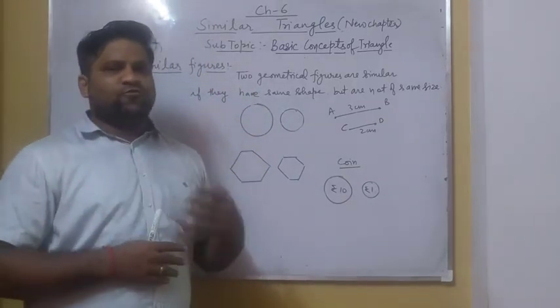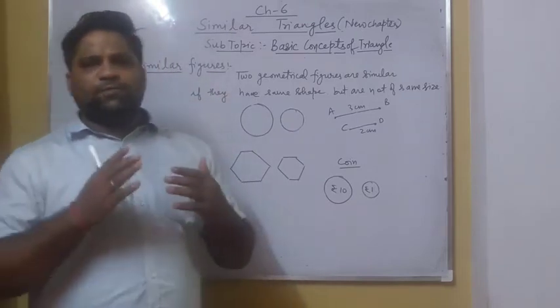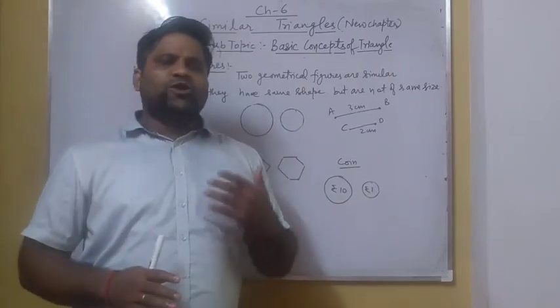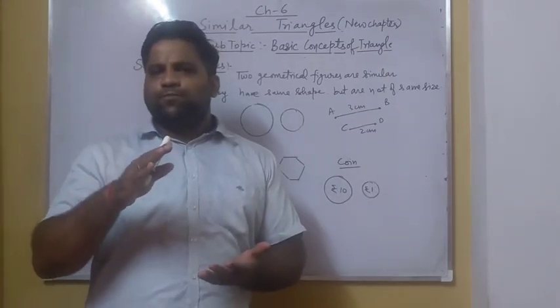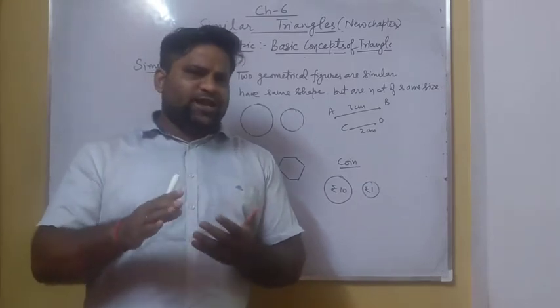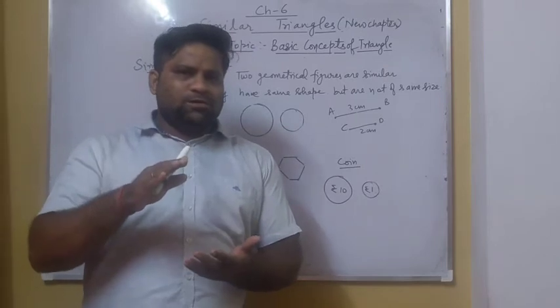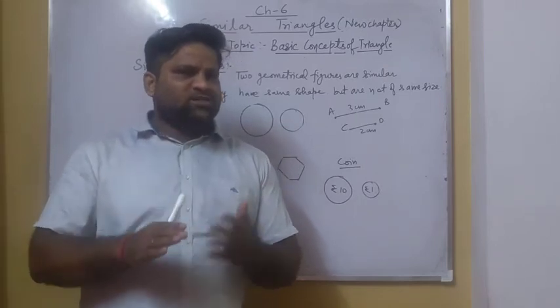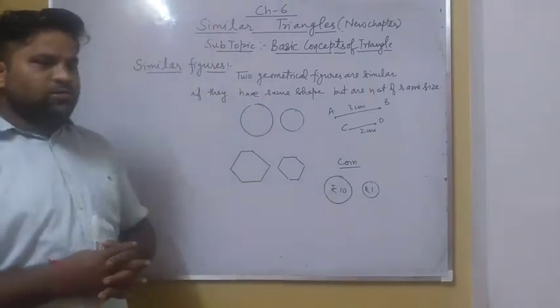Even when you go to the photostat shop, you want a photostat of a paper. According to your choice, you want a smaller size or larger size photostat of the paper. In that case, the shape of the paper will be the same, but size doesn't matter. So these are examples of similar figures.